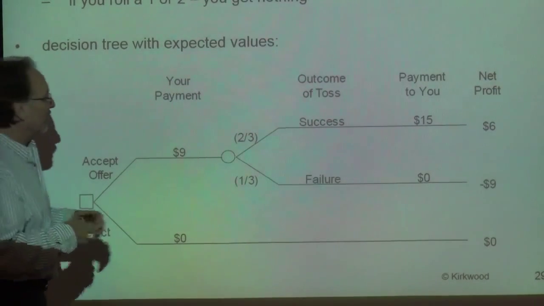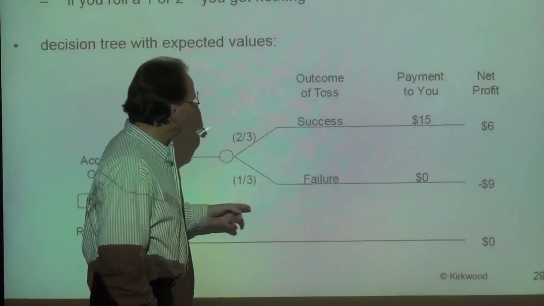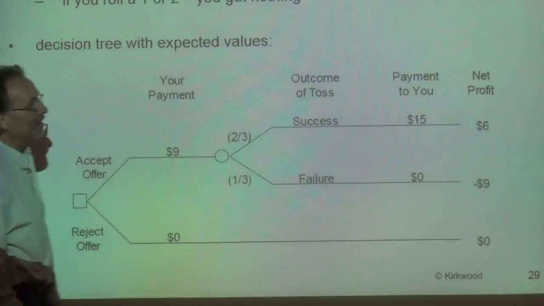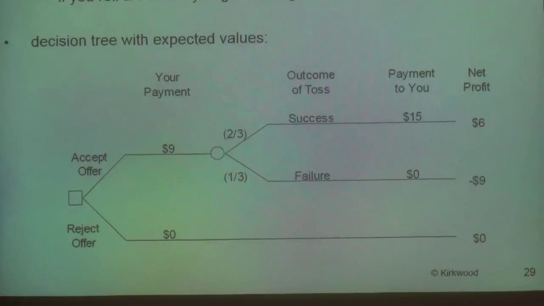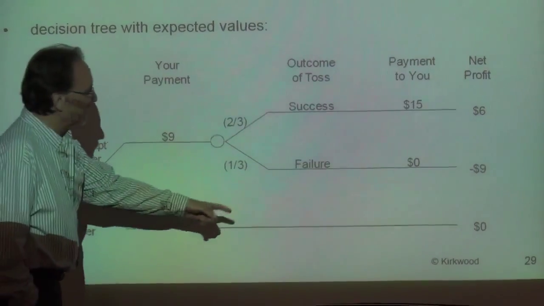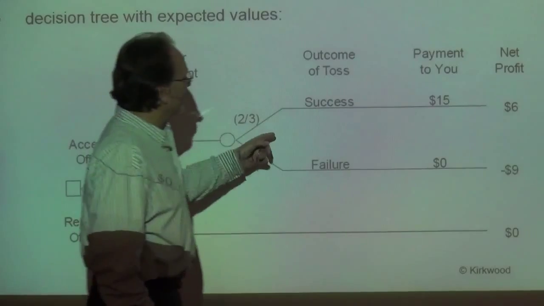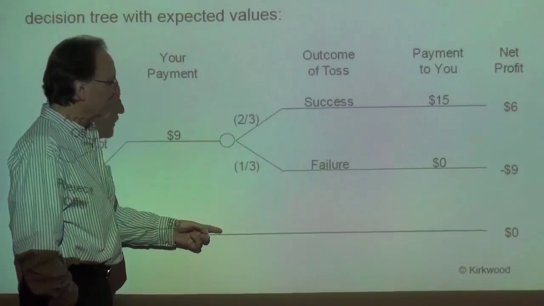The expected value of failure is 1/3 times -9, so that's -3. And the expected value of rejecting is 0.